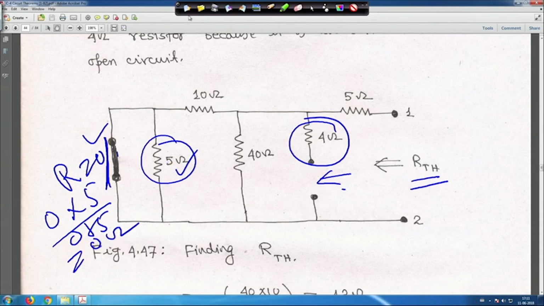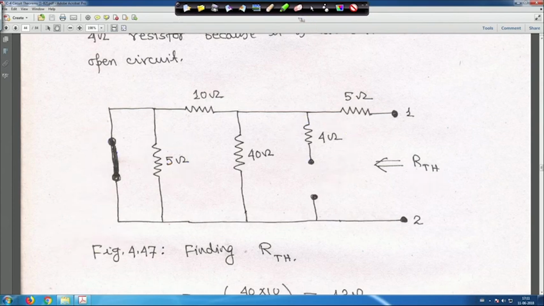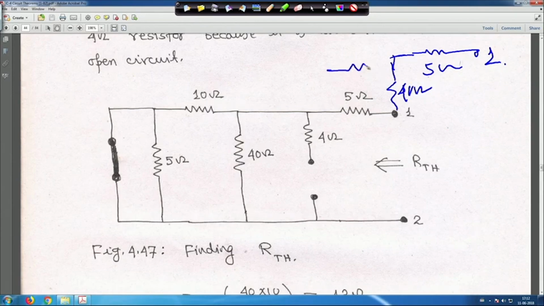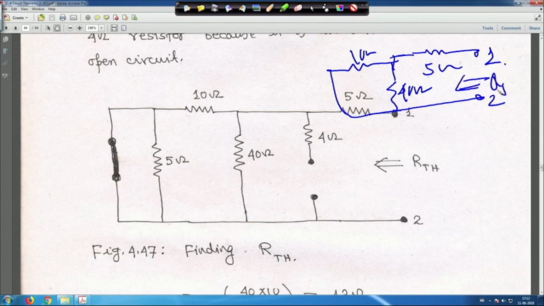So, let me clear it. Now, if you try to find the equivalent, just for your understanding I am drawing it here. This is your 5 ohm, this is terminal 1, then this is your 40 ohm and this is your 10 ohm, and this is terminal 2, and this is your R Thevenin.